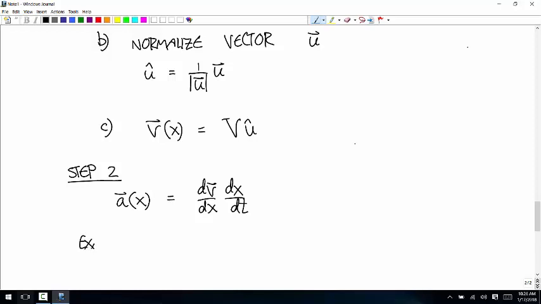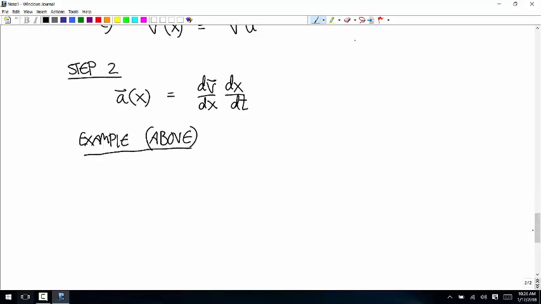Okay, so the example that I gave above, I'll go through that. Our parameterization in terms of x of the position vector is x, cosine x.